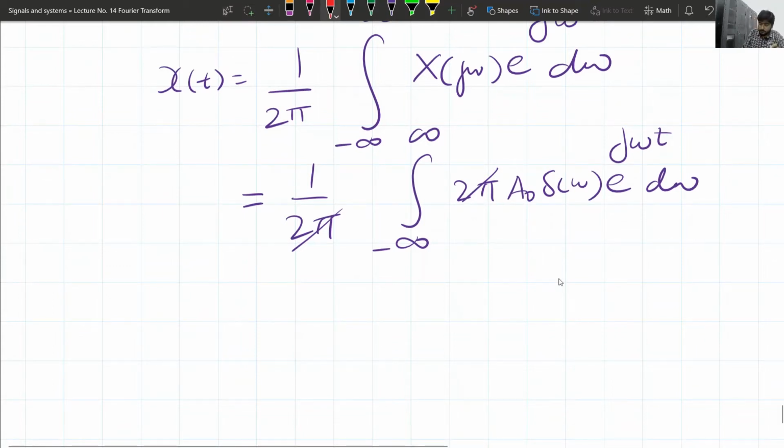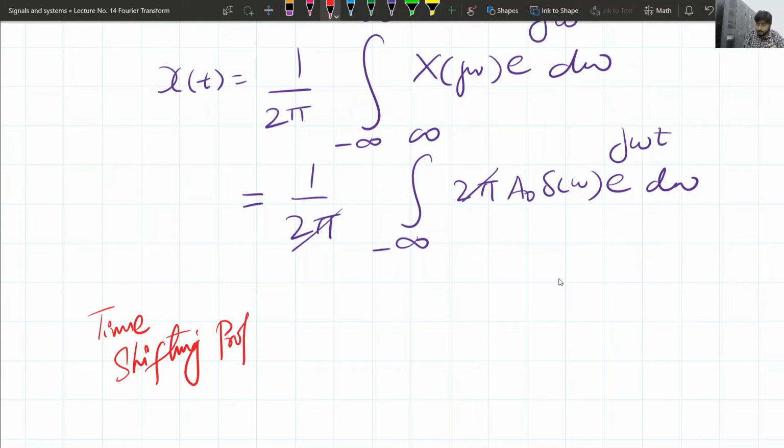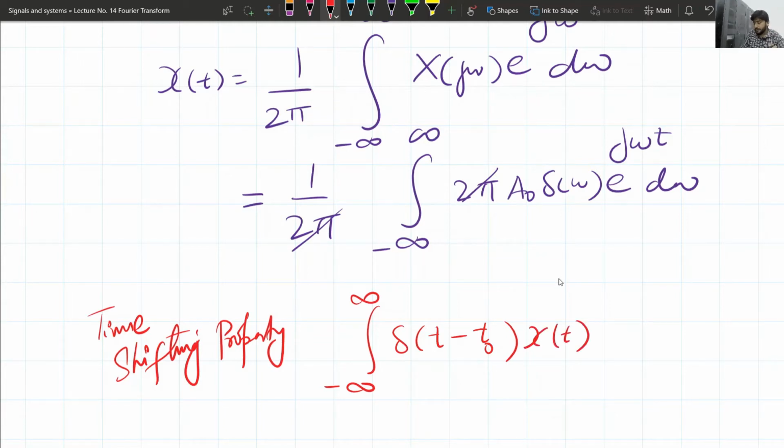Now applying the time shifting property of impulse function, you know that for any impulse function delayed by t naught multiplied to any signal, the value of this integral will be x of t naught. We have already studied this.